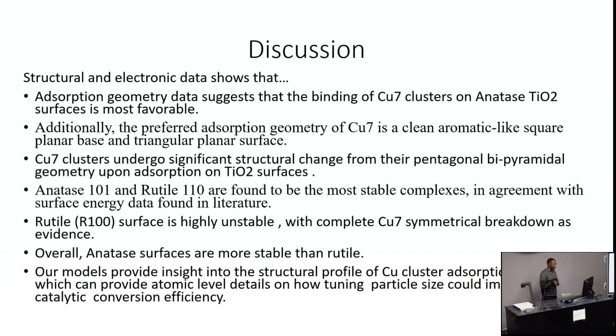Anatase 101 and rutile 110 are found to be the most stable complexes, and that's in agreement with the surface energy data that exists in the literature. Also, rutile 100 surface is highly unstable, and anatase surfaces are more stable than rutile. So these models provide insight into the structural profile of copper cluster absorption on titanium, which can provide atomic level details on how tuning particle size could improve catalytic conversion efficiency.